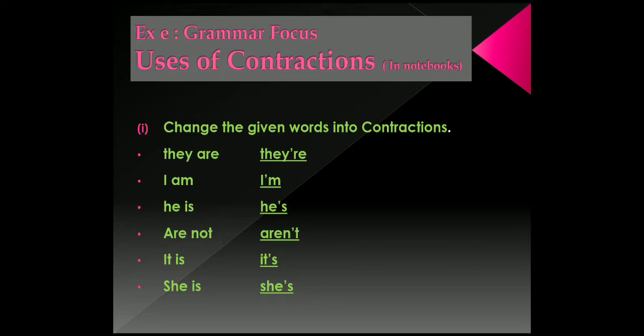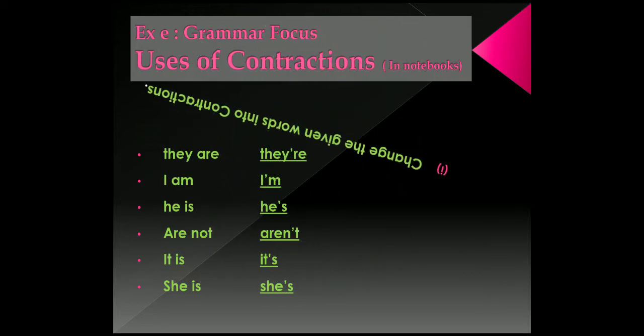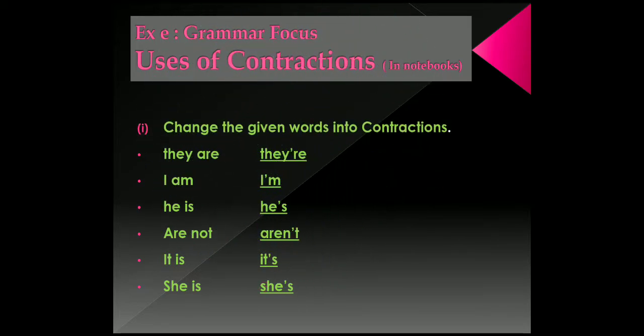They are, I am, he is, are not, it is, she is. We have to squeeze them. How? By removing one letter and putting an apostrophe. And one other thing, we have to remove the distance and bring the remaining letter nearer to the first word.